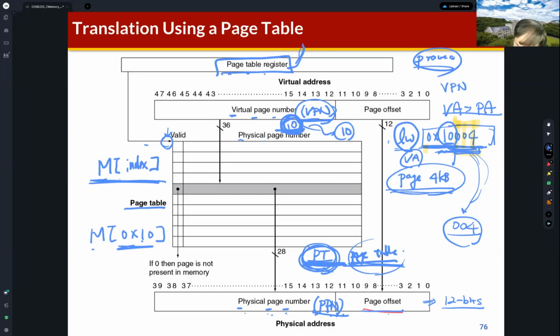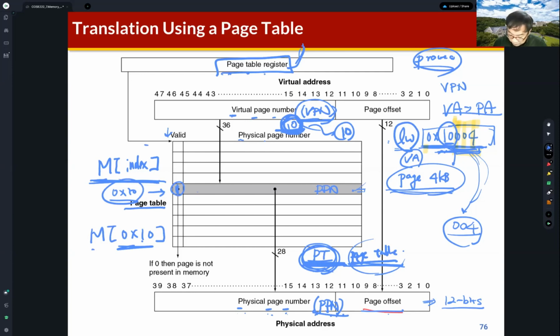Using 10, the processor accesses the page table entry, and we can get the physical page number stored in the target entry. The entry should also be valid, which means this page is located in physical memory.